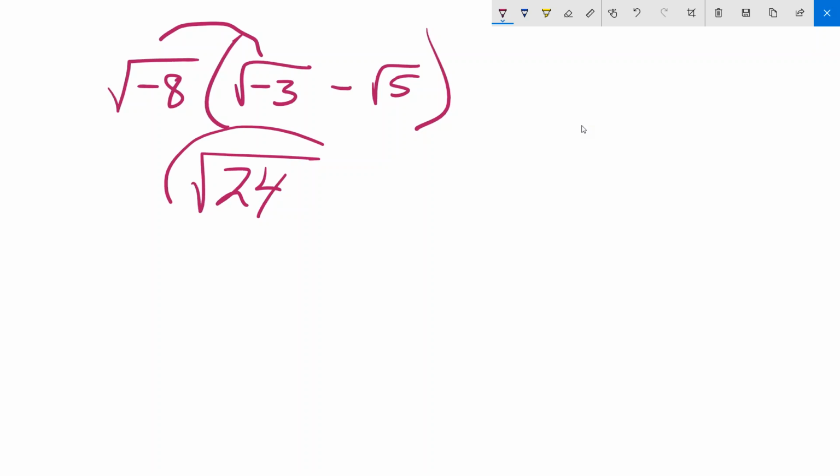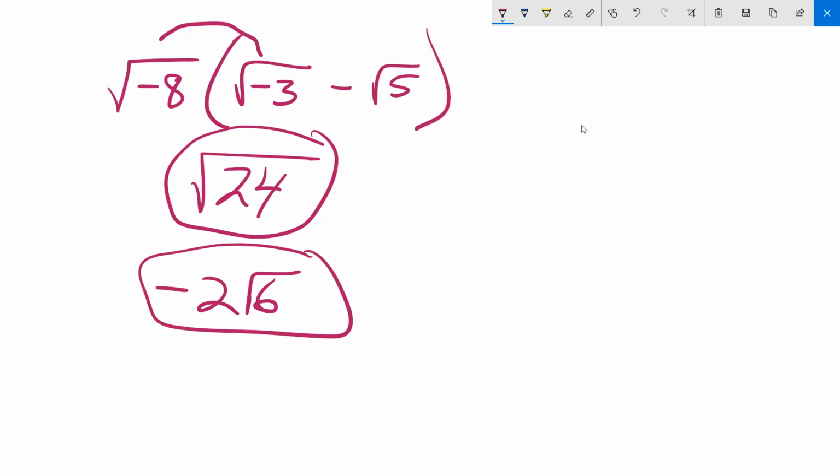This is not the same as if I turn these into i's first. Notice when we did it the first time, we ended up with -2 root 6i. No, we lost the I because we had an I squared, right? Whereas this way, we end up with +2 root 6.